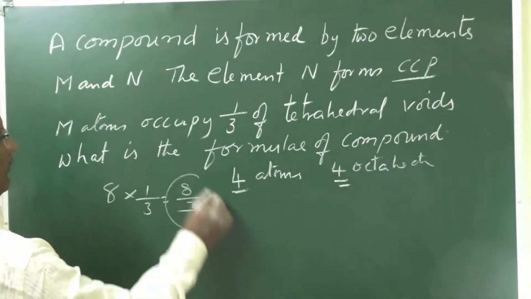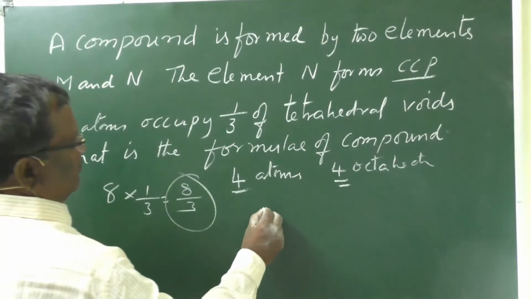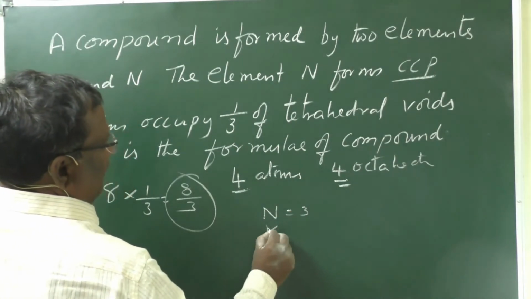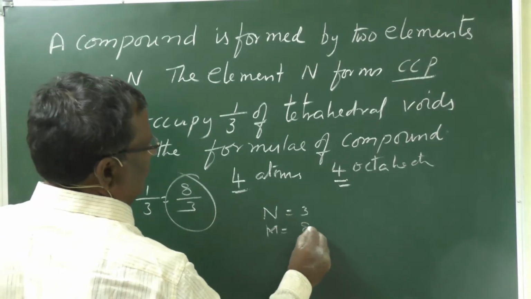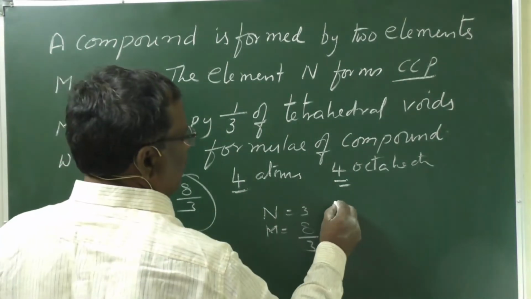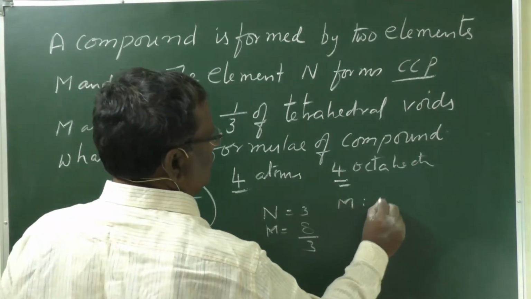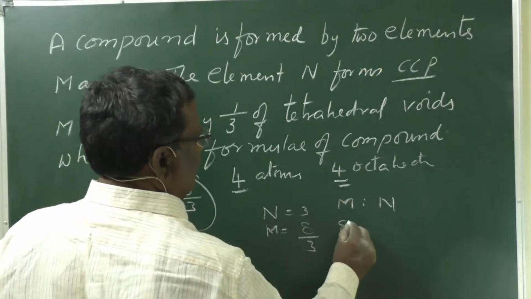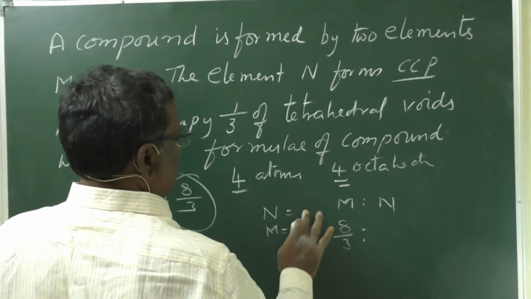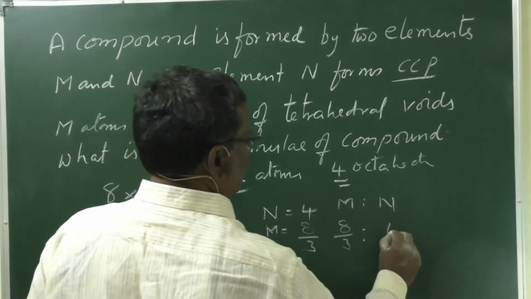1/3 means 8/3. So the number of N atoms is 4 and the number of M atoms is 8/3. So the formula of the compound, the ratio of M to N, is 8/3 to 4.